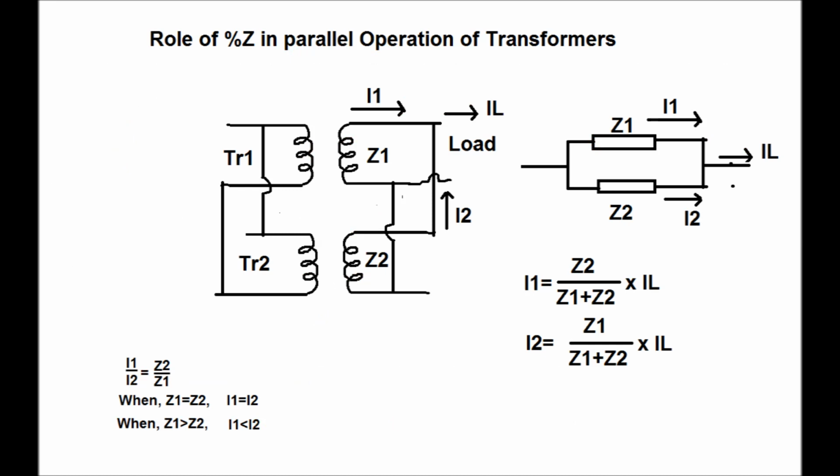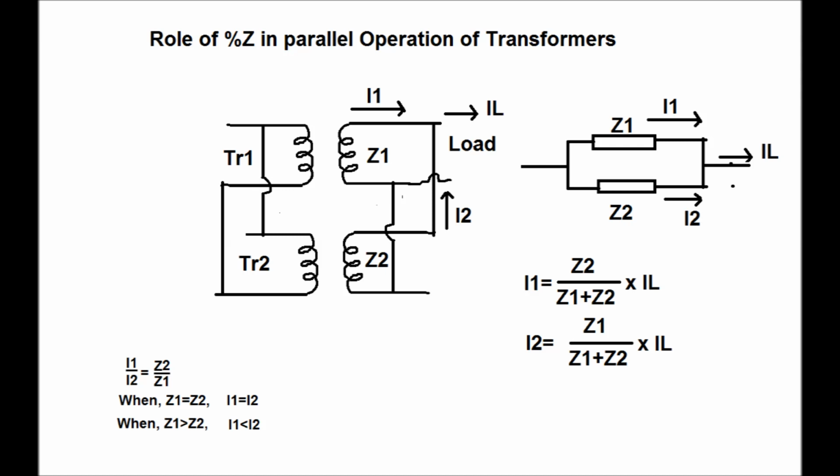The role of percentage impedance in the parallel operation of transformers: if two transformers are running in parallel, how is the load shared? That depends on the percentage impedance of the transformers.